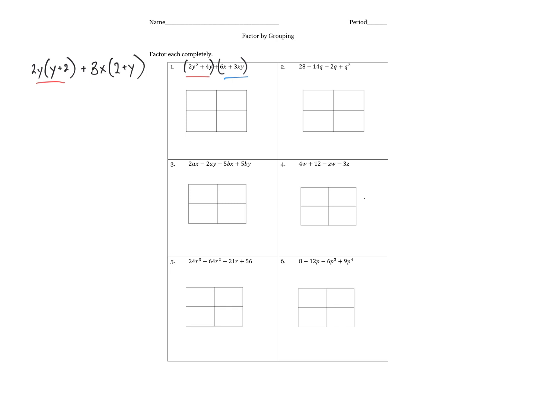So y'all noticed how the fact that there's another variable didn't bother you. You just saw what you can divide out. And then the most important part of grouping, maybe the most important part, is making sure the parentheses are the same.